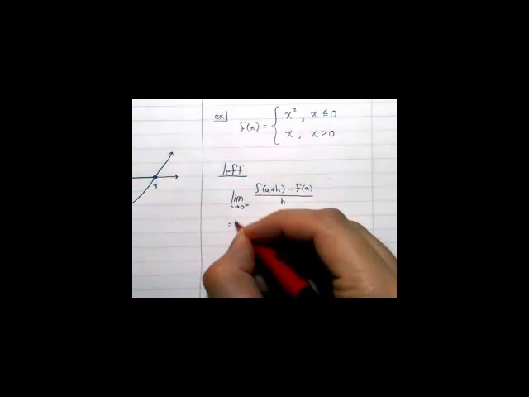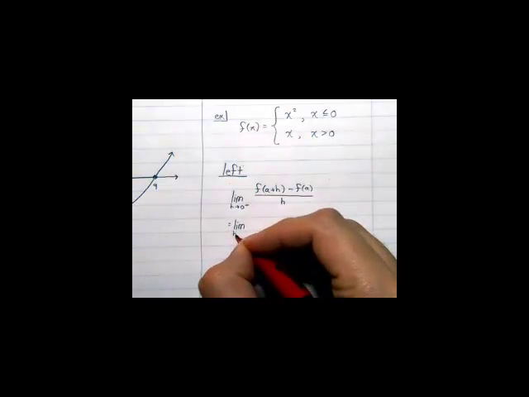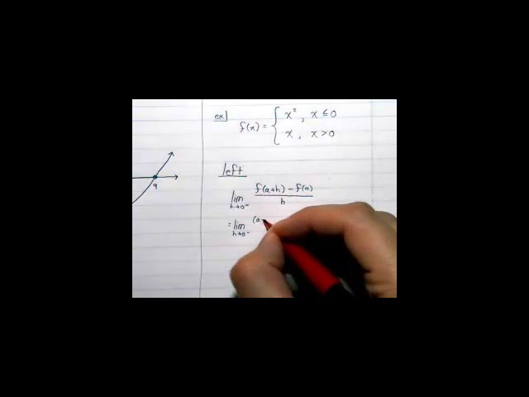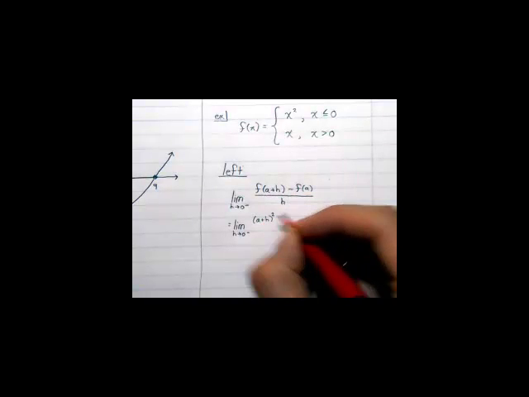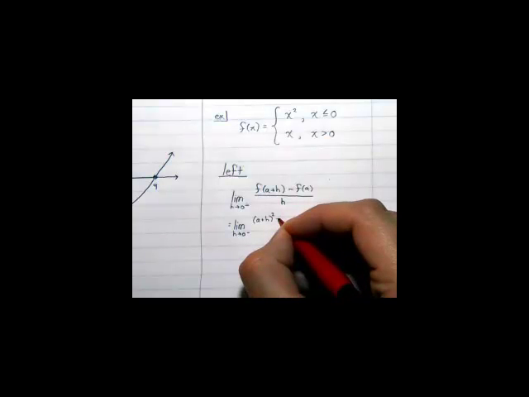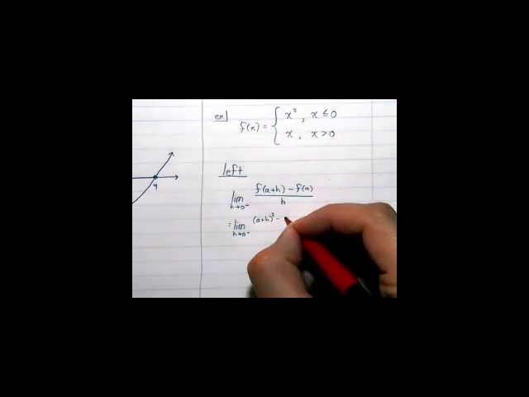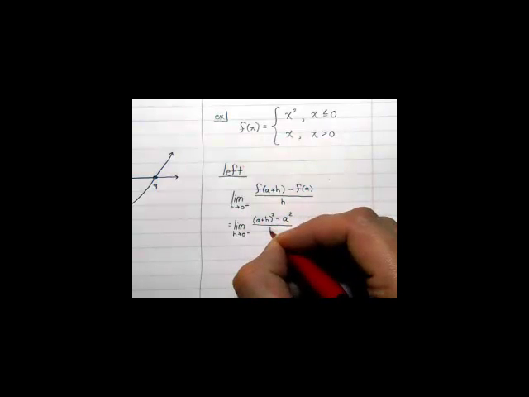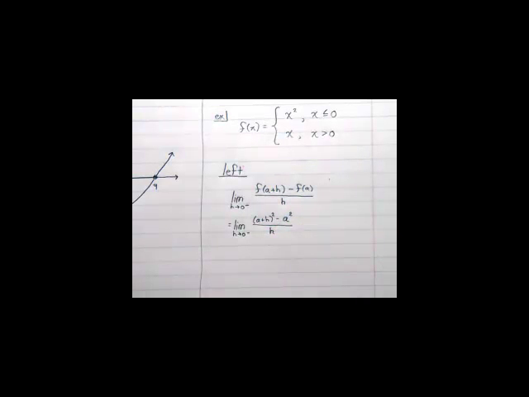So I'm going to use that piece in this limit to do the left-sided derivative. So that's going to be the limit as h approaches 0 from the left of f of a plus h squared minus f of a, which would be a squared, divided by h. But what is a in this instance? 0.